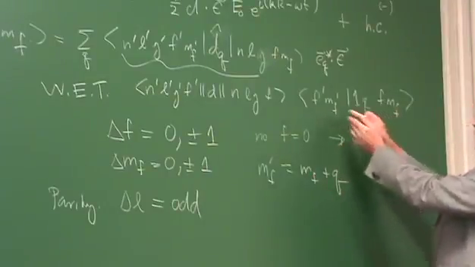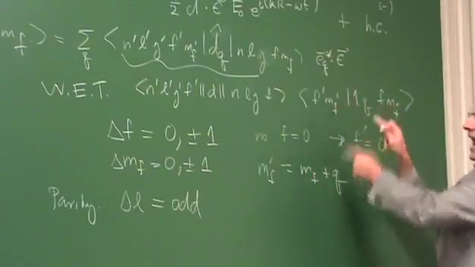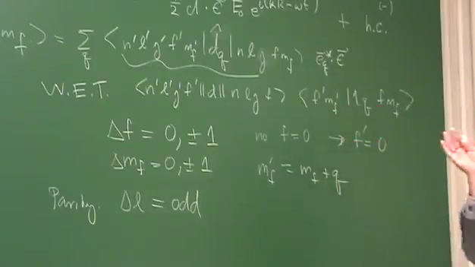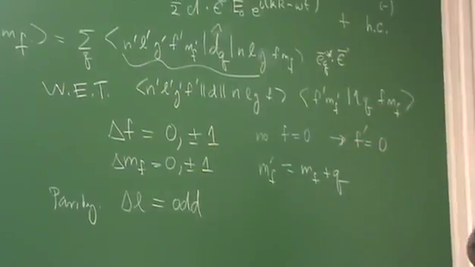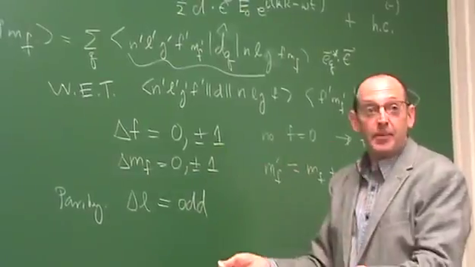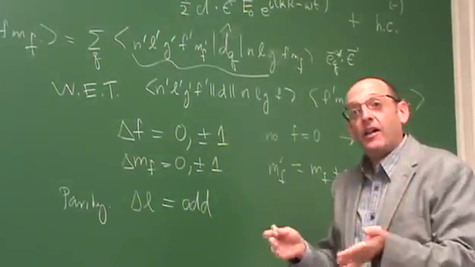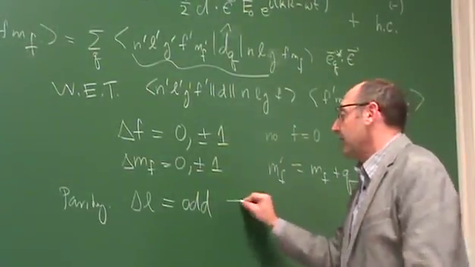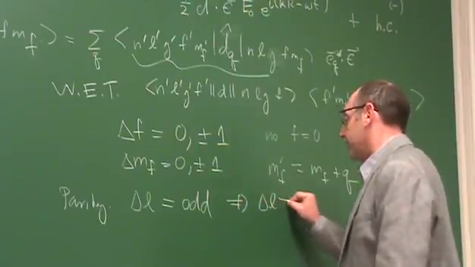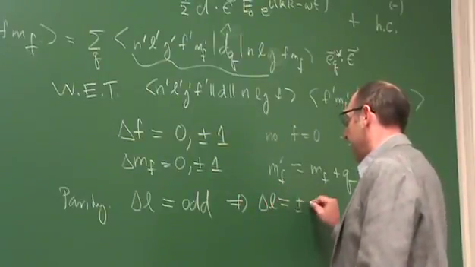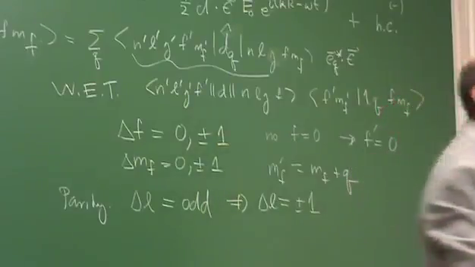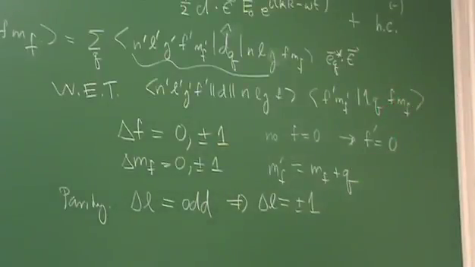And there too, I would have L prime and L. I know that L cannot change by more than 1. Therefore, since L cannot change by more than 1, and delta L has to be odd, we have that delta L for an electric dipole transition has to change by 1. Okay.